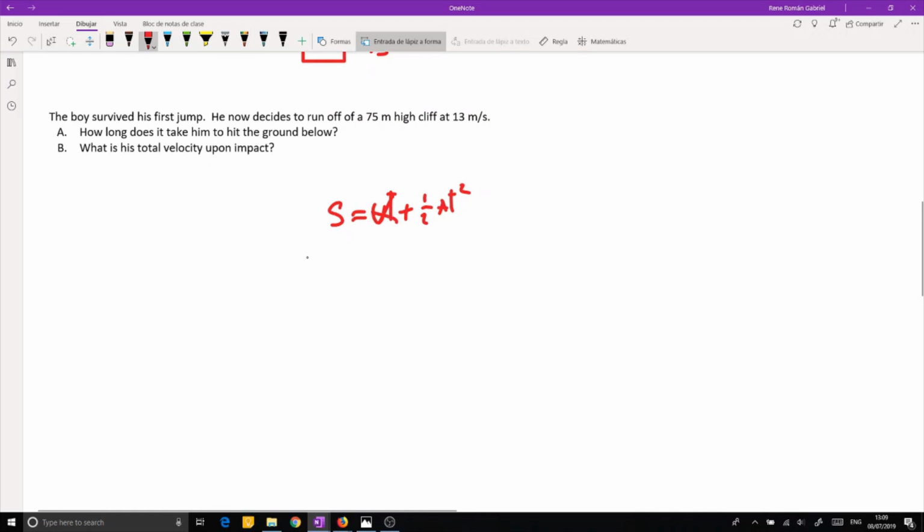S is 75, and so this would equal, again they're asking us for time, same question, acceleration was 10, and 1/2 of 10 is 5, times time squared. We pass the 5 dividing, and so this would equal 15. So T is the square root of 15.